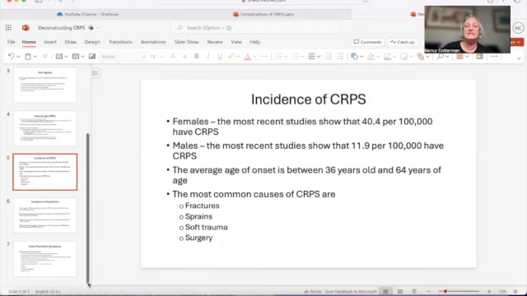The average onset is between 36 years and 64 years of age. The most common causes of CRPS are fractures, sprains, soft tissue trauma, which is when there's an injury without a fracture, and surgery.